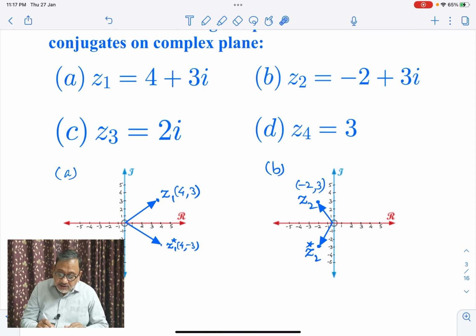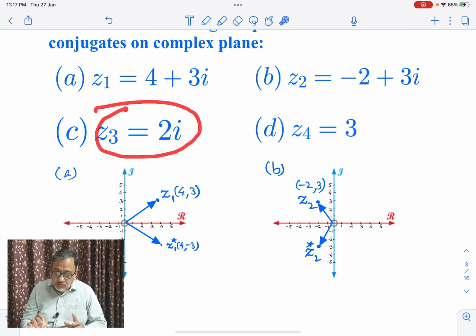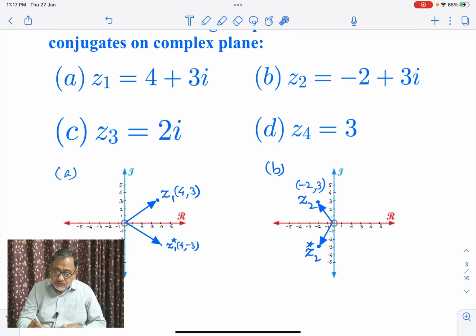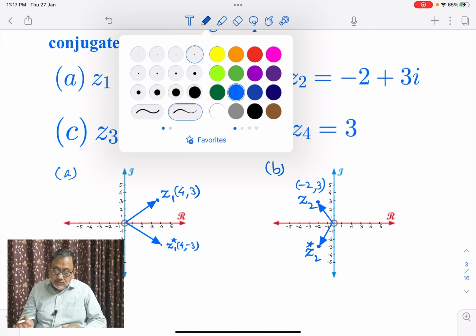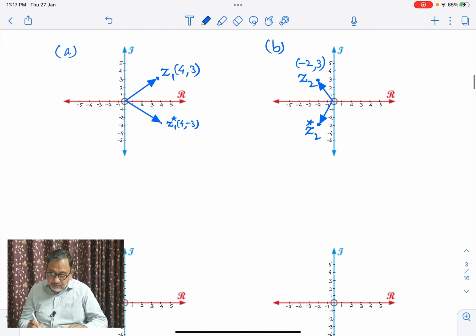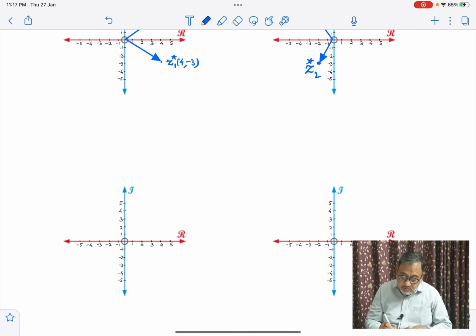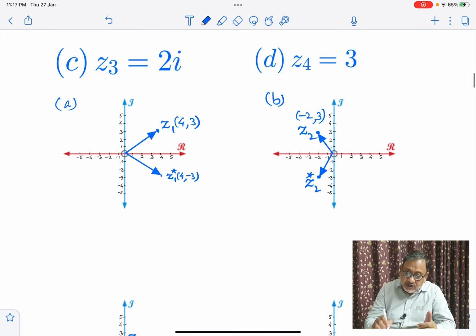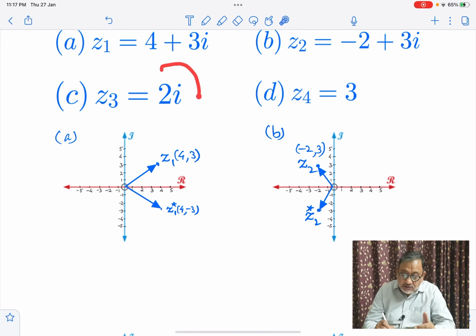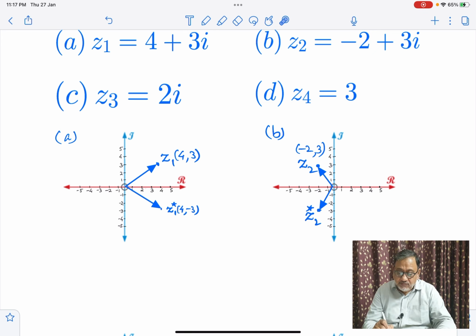Then I will represent now Z3, which is only 2i. It's purely imaginary. Okay. Now can you guess what will be the conjugate of Z3? Well, we just change the sign of the imaginary part, right? So there is only one imaginary part, so its sign will become negative, minus 2i.